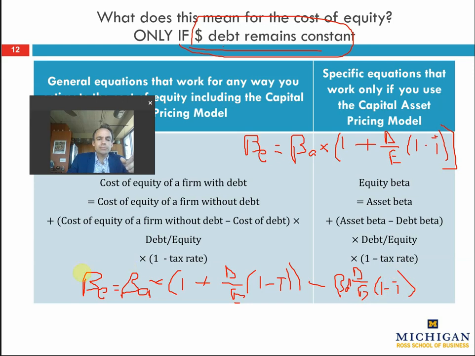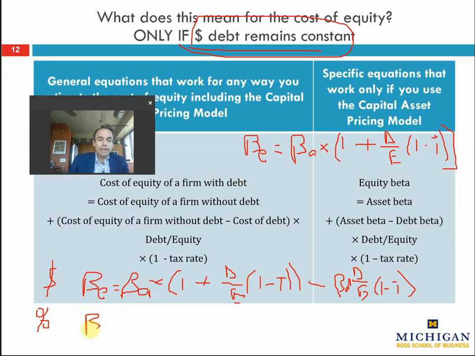Now in our assumption, this equation down the bottom here holds if the dollars of debt remain constant. So for example, if CVS took on $20 billion of debt and held it constant forever. We're going to see later that if the leverage in percentage terms remains constant, for example 20% leverage forever or 30% leverage forever, the equation will go back to what we had before.